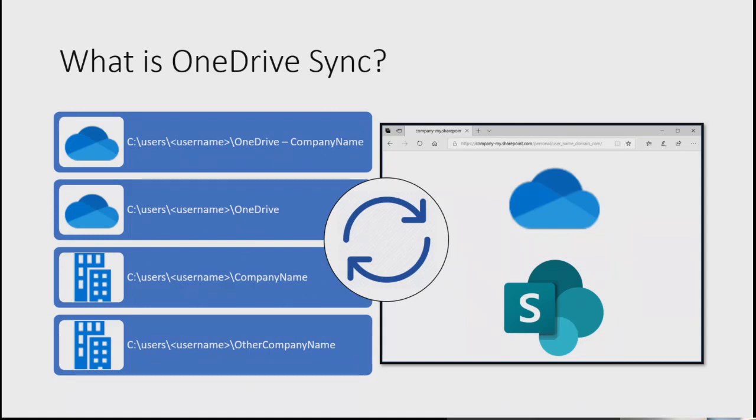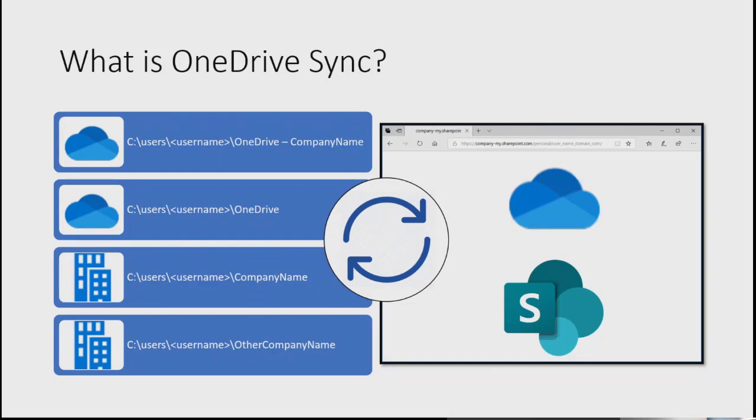You can also use OneDrive to sync SharePoint libraries, and so those will show up again in a folder, and all these folders are in your user profile. So that's what I mean by user's username. That's your user profile directory on your local machine. And when you sync a SharePoint library, it creates a folder named after the company name, or really the name of your Office 365 tenant, and syncs your SharePoint folders there.